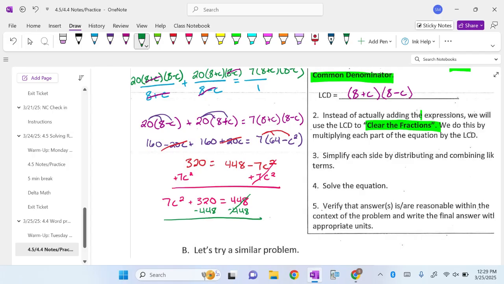So I have 7C squared minus, can someone do 320 minus 448? I know it's a negative number. 128 equals 0. Now, what's the first thing I got to do when I'm factoring? I got to check for what?